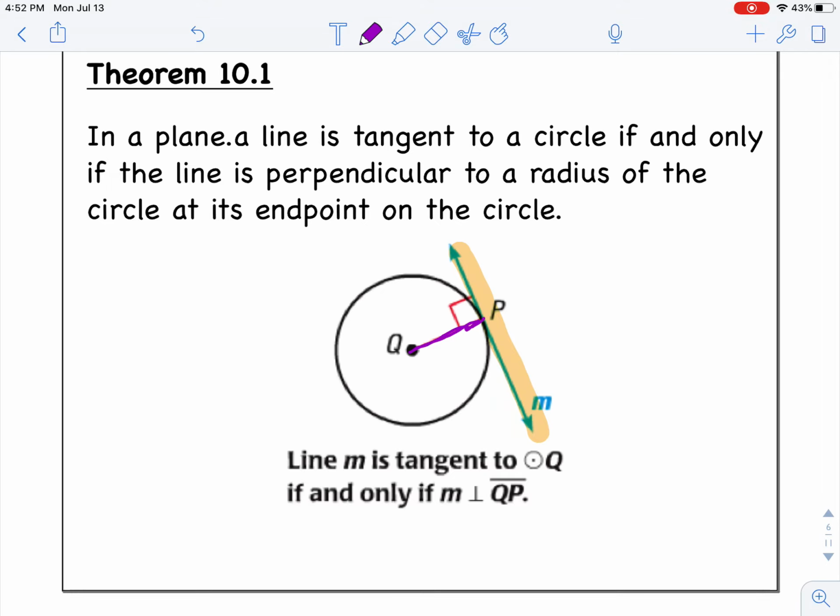So line M is tangent to circle Q if and only if M is perpendicular to QP. And by the way, we might not have talked about this, but this little symbol right there means circle Q. So that means also that Q is the center.